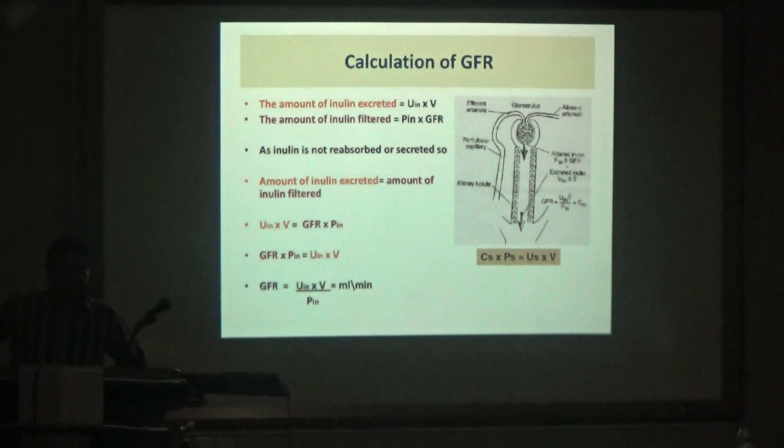Yes, GFR is 120, but the final urine that you make is less, because in the tubules you do a lot of reabsorption and secretion, okay? For the urine flow rate, generally we make 1.5 liters in 24 hours.